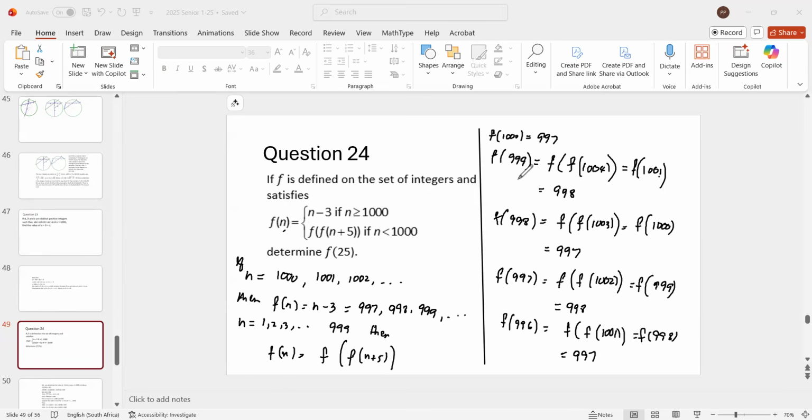So you have the strange thing that the image, we call it the image, or the value at 998, 997, they seem to be just jumping from 998 to 997. So we can conjecture that when n is odd, the value is 998, and when n is even, it's 997.